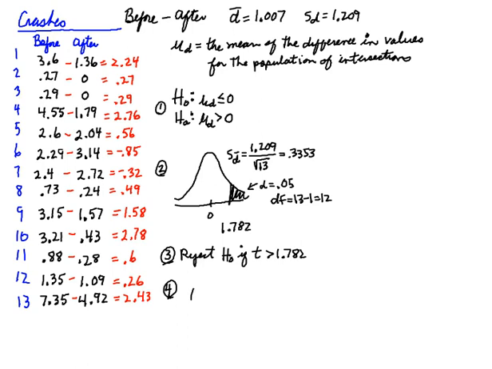And step 4, to calculate that test statistic, I will take my sample average, d bar, subtract what I'm testing against, divided by the 0.3353, and get a value of 3.003.